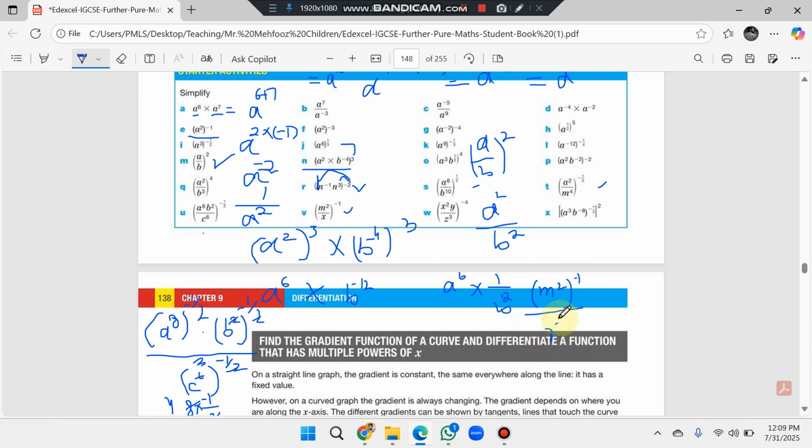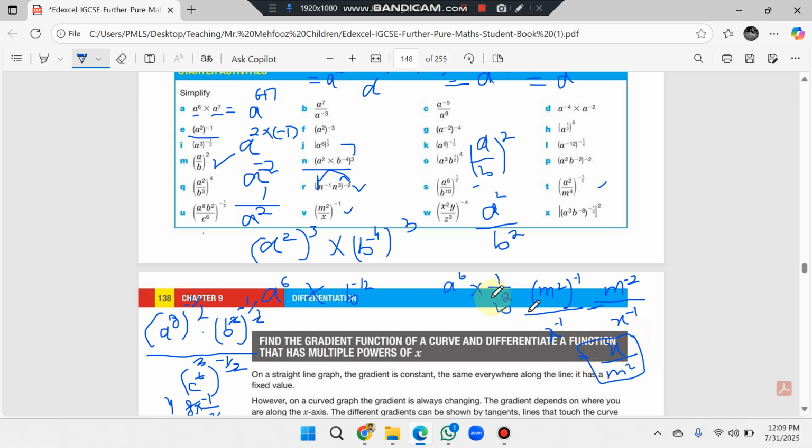When we simplify it, this power is multiplied into the power. It will become m raised to the power minus 2 over x raised to the power minus 1. Now we just take the reciprocal of these terms to make the powers positive. So it will become x over m squared, right? This is your simplified answer.